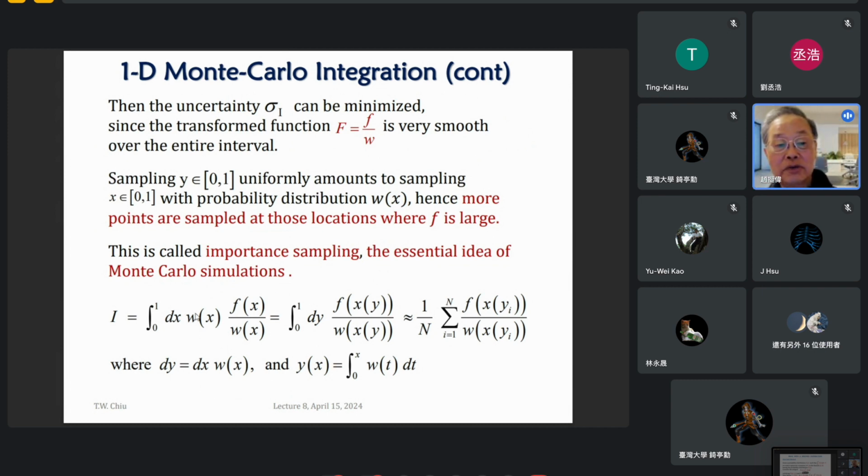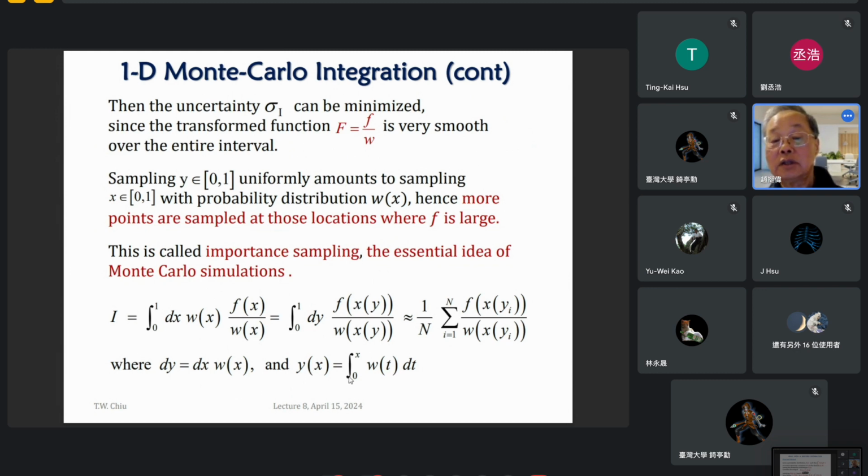So the whole thing is summarized here. I have the integral from 0 of dx f(x). But then I find a weight function Wx which behaves closely to f(x), but of course not exactly the same. And Wx presumably must be a simple function. Then dy is dx Wx, and y(x) is this integral here. Presumably after you integrate this, you can obtain x in terms of y.